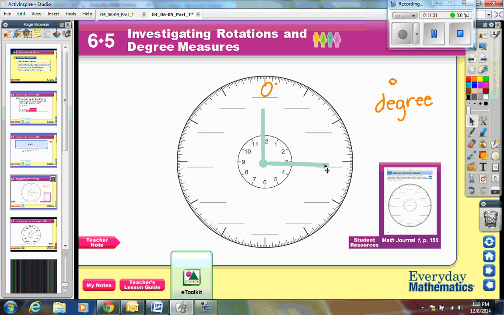It is 3 o'clock. Now what is the measure of this angle? The answer here is 90 degrees. So I want us to write 90 degrees on the line.